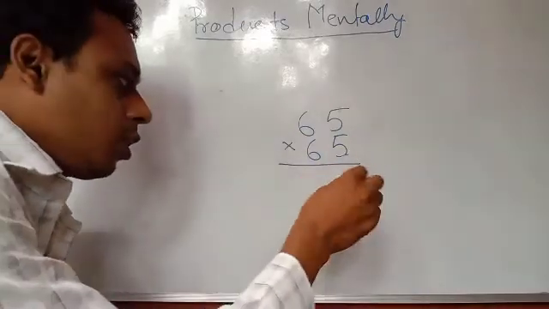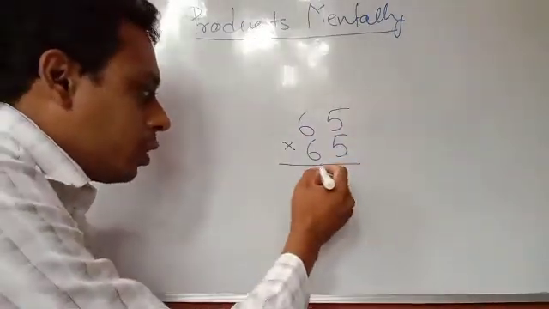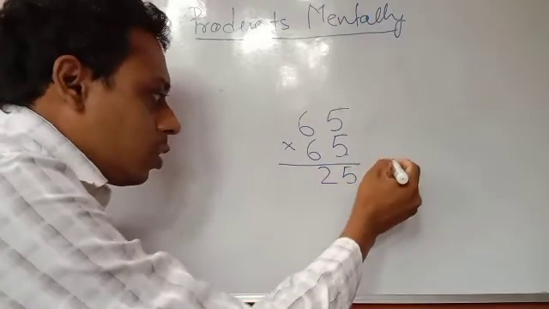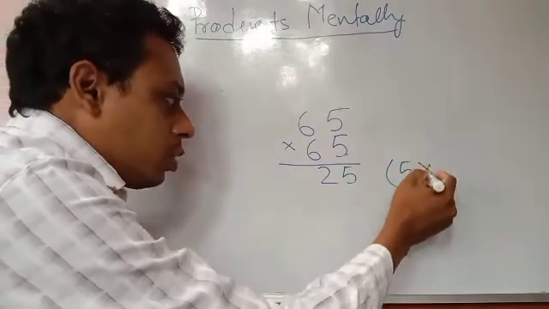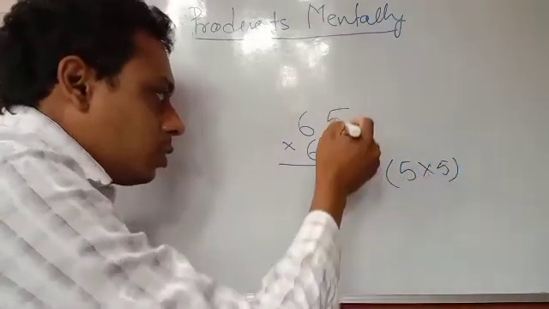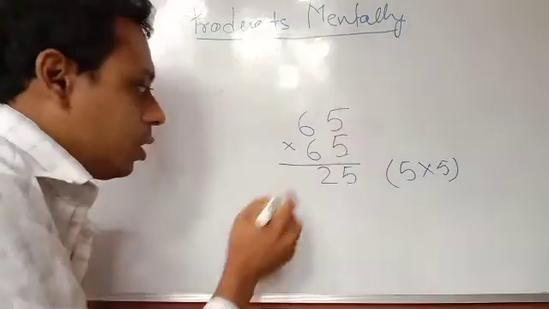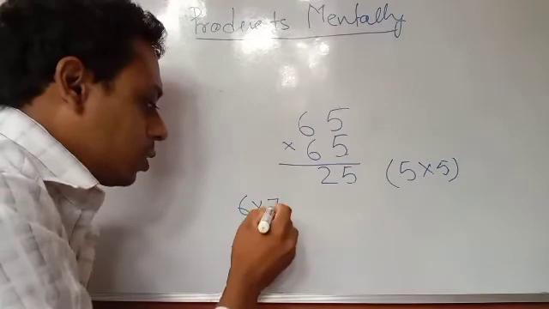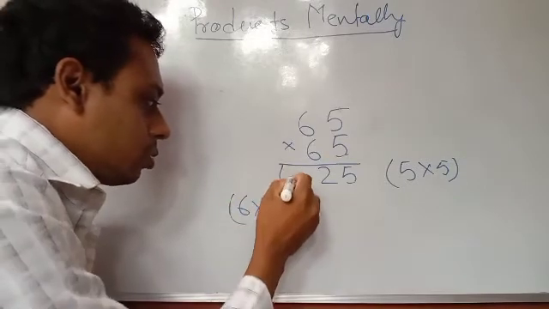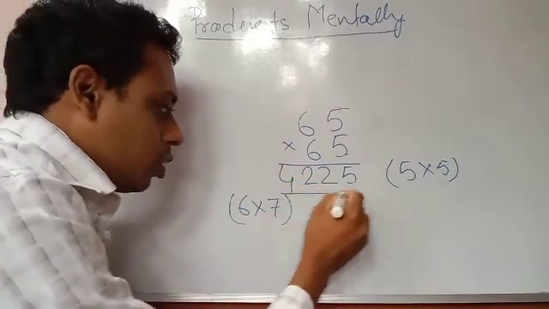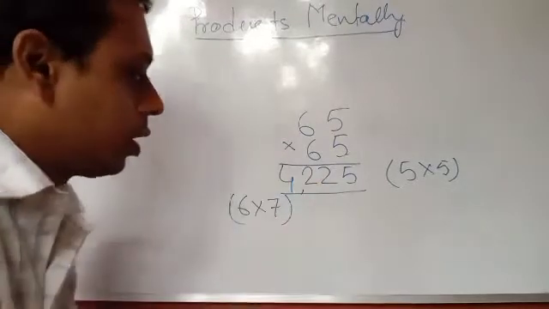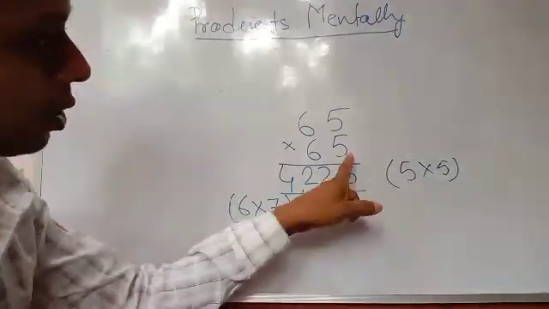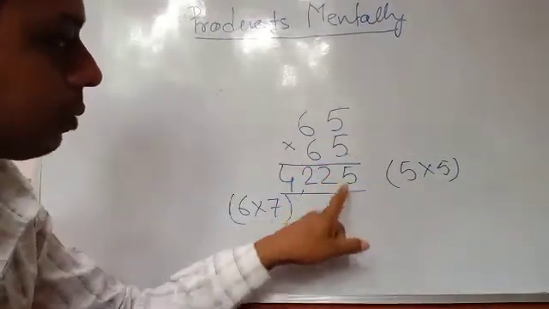Now, same process, 5 into 5, 25. How you are getting 25? 5 into 5, that is both the digit in one place. Now, here 6. Successor of 6, 7. 6 into 7, 42. So answer will be 4225.